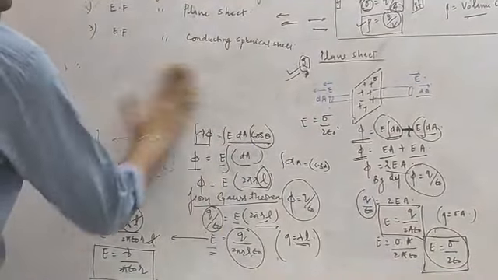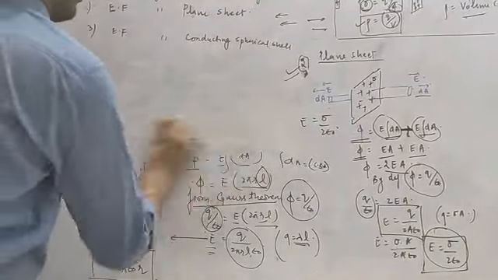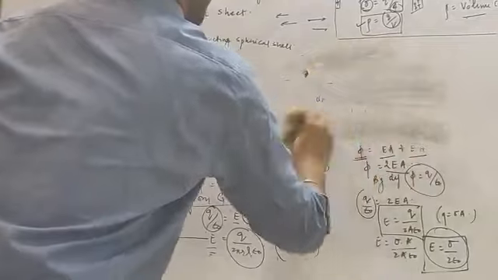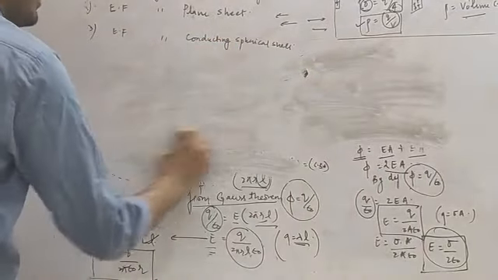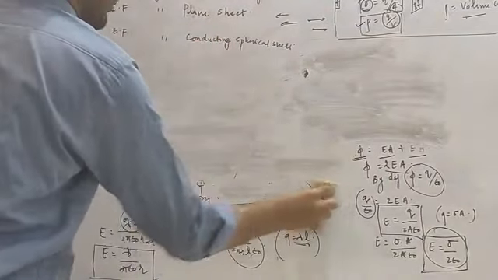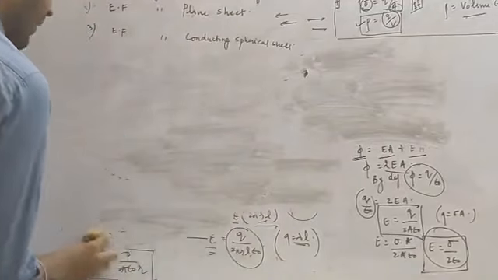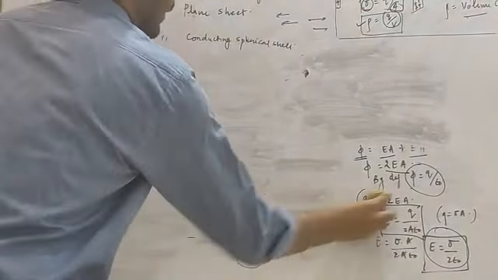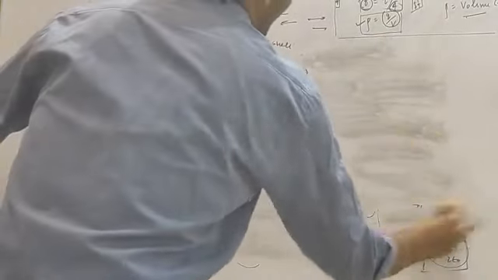Now the next topic is the electric field through a thin conducting spherical shell. There are also applications for this plane sheet which we are going to discuss in the next lecture or maybe in the class, but for the quarantine time period we will discuss the topics which are very necessary.